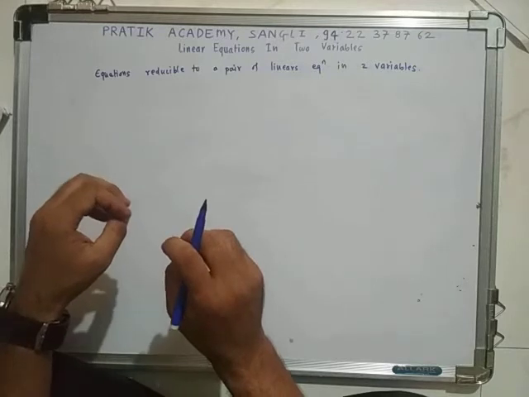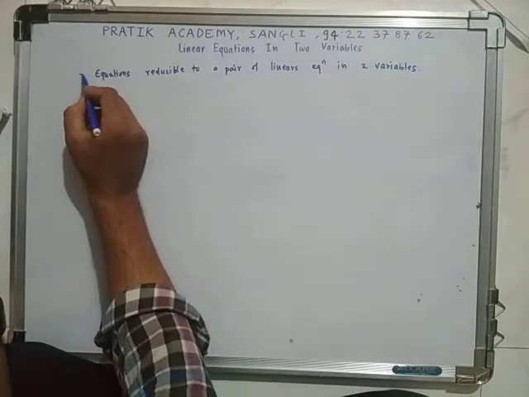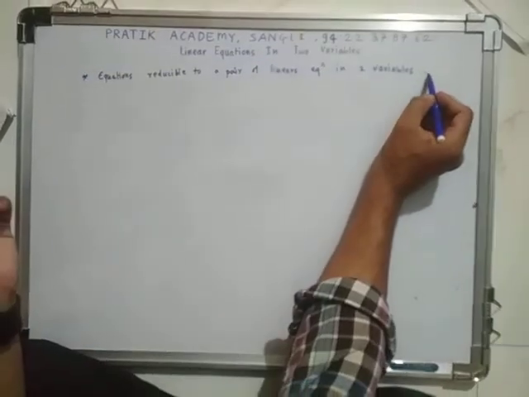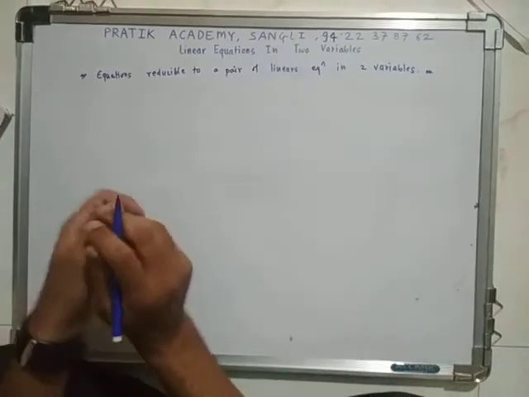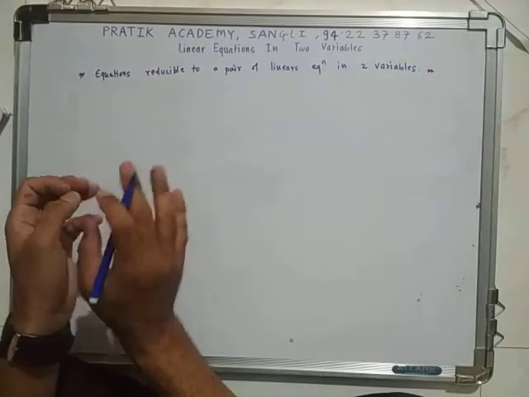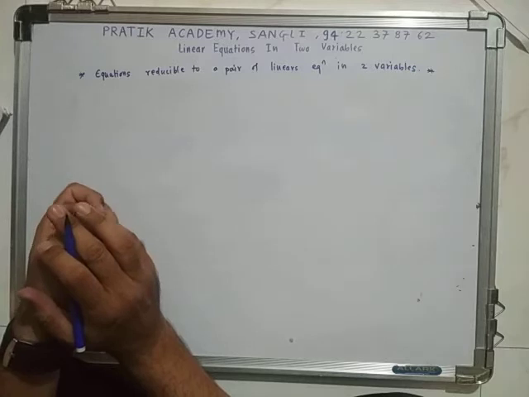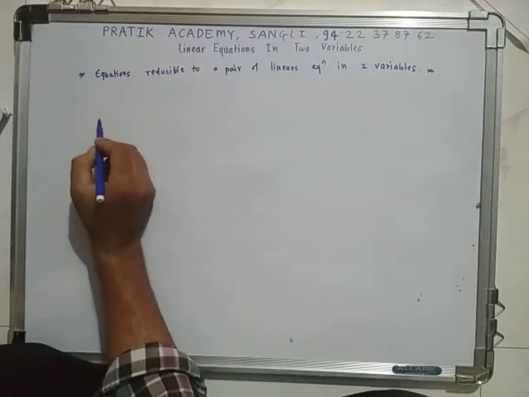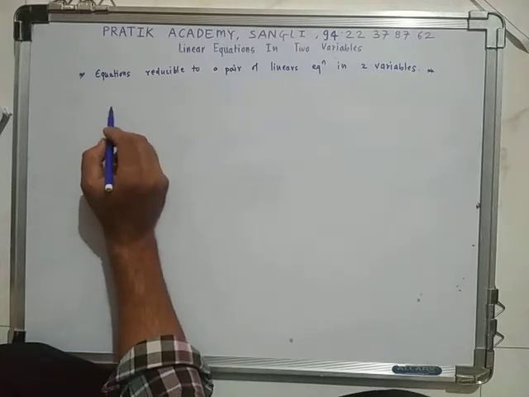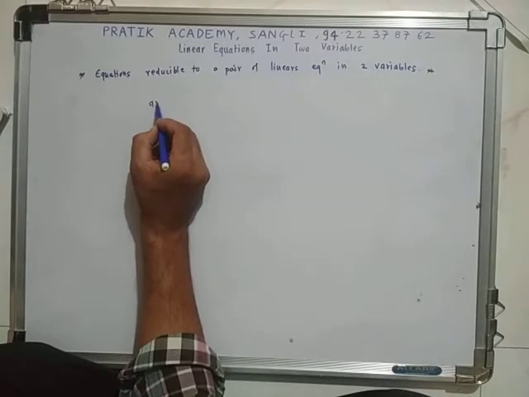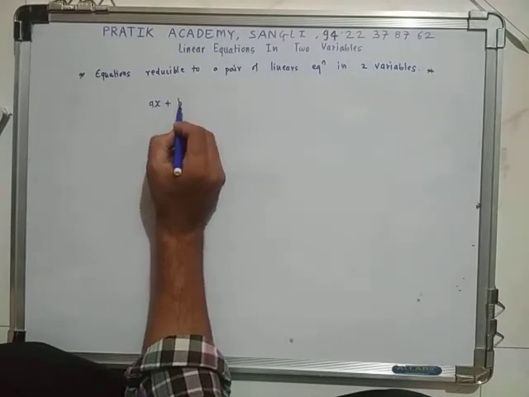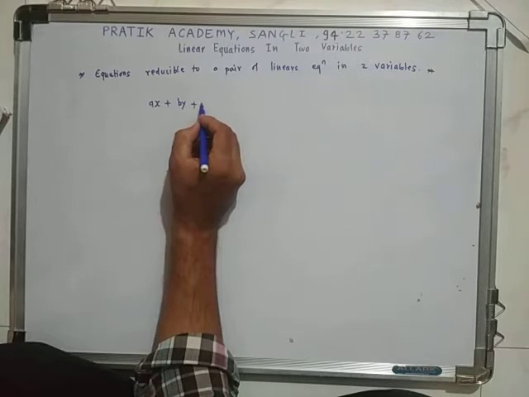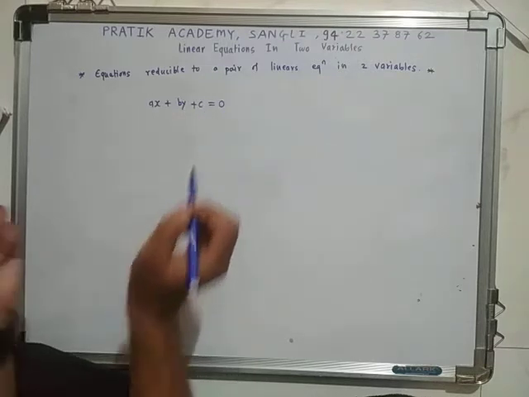We will discuss this point in this video. So what do we mean by equations reducible to linear equations in two variables? We know that the general form of a linear equation is ax plus by plus c is equal to 0.